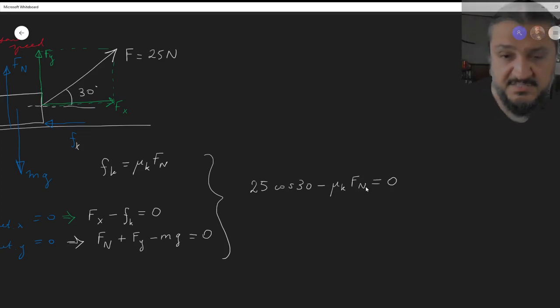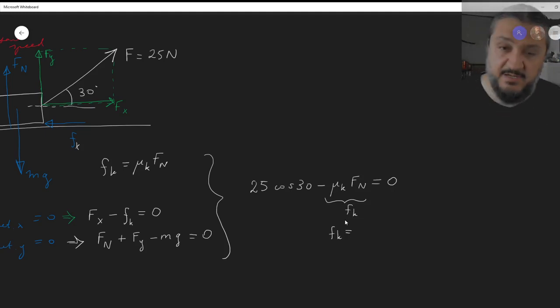Actually, this equation itself just gives me the friction force right away. I don't even have to worry about the rest. So this is the friction force. So the friction force, kinetic friction force, is 25 cosine 30, 21.65, let's say 22 newtons.